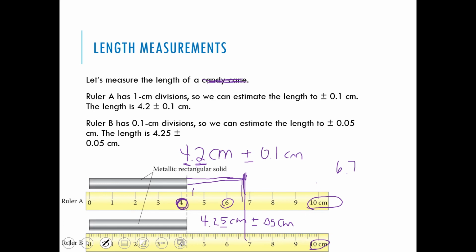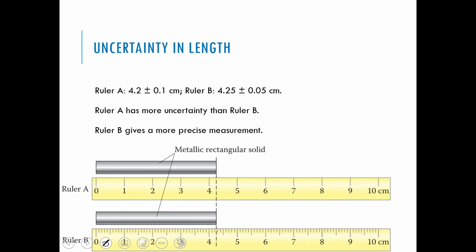According to this line, it didn't quite touch the 0.8. So 6.79, I would say, centimeters. Again, plus or minus that hundredth of a centimeter. So pretty much what we just summed up is that ruler A has more uncertainty than ruler B. Ruler B gives us a more precise measurement.